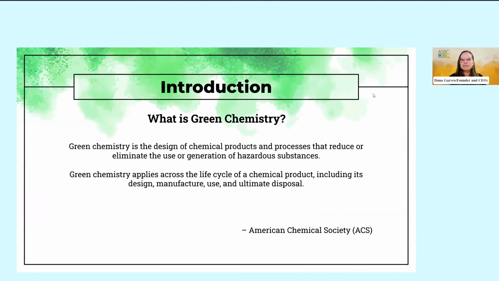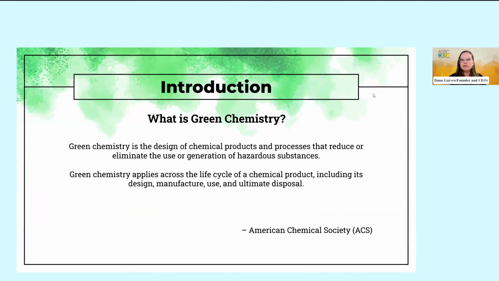The American Chemical Society says that green chemistry is the design of chemical products and processes that reduce or eliminate the use or generation of hazardous substances, right? So green chemistry applies across the life cycle of a chemical product, including its design, the manufacture, the use, and then ultimately the disposal of that chemical product.